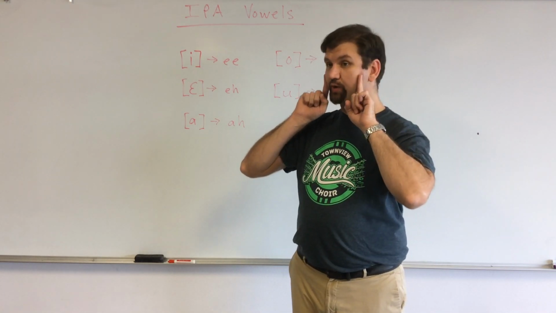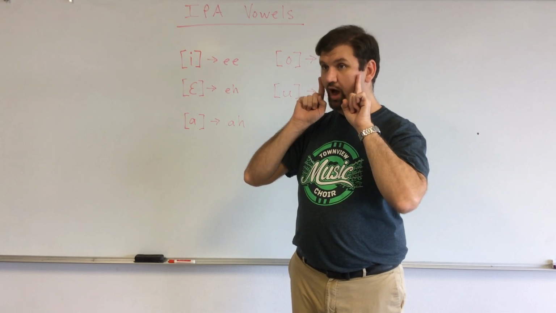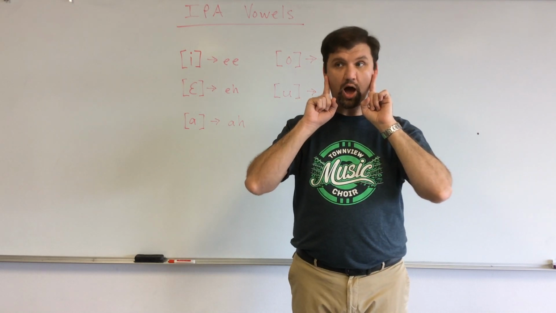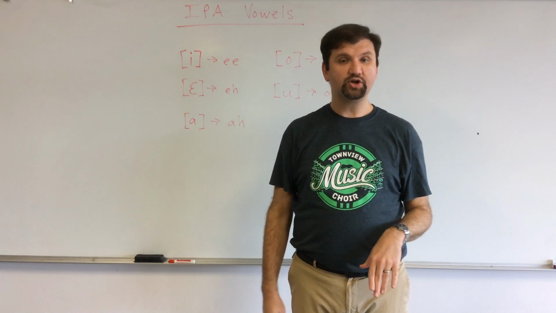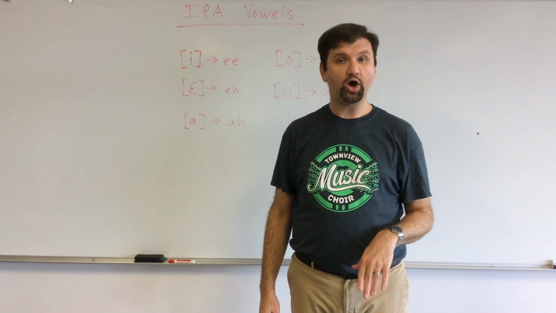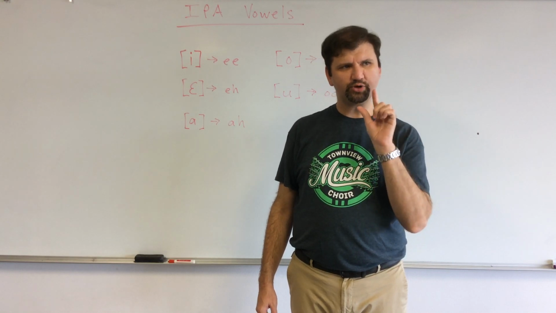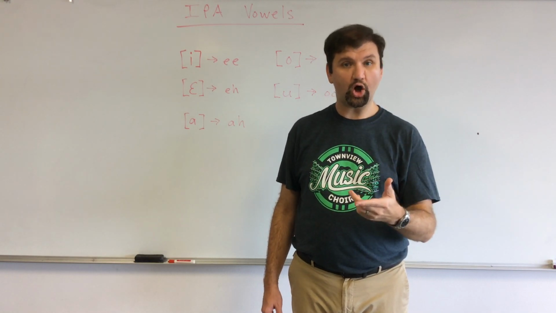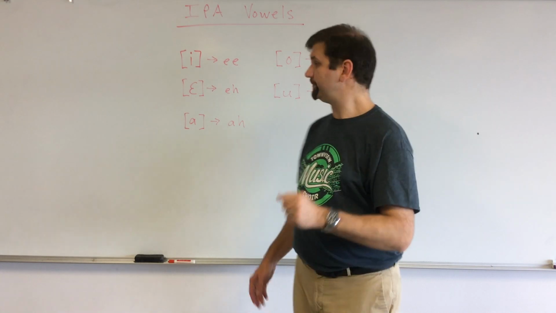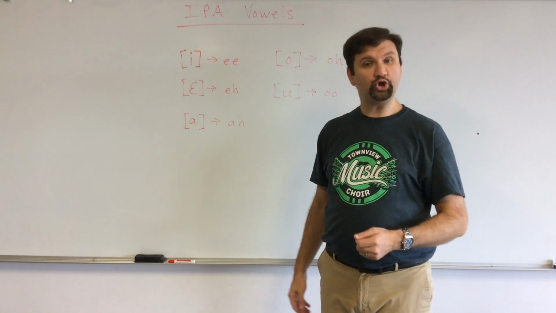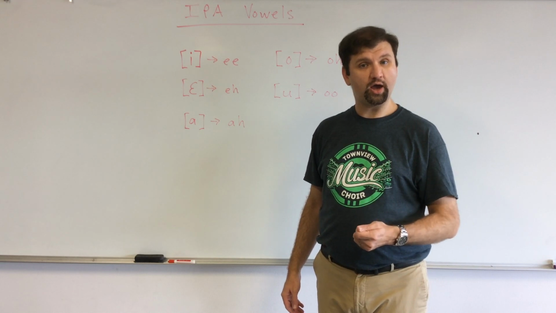So ah is going to be right in the middle of your mouth. You'll drop your jaw, feel a really open space, and just relax your lips. If you're not getting a right sound, you can pull your lips forward just a little bit. But if you do it too far, it becomes a different vowel. So these 3, E, ah.